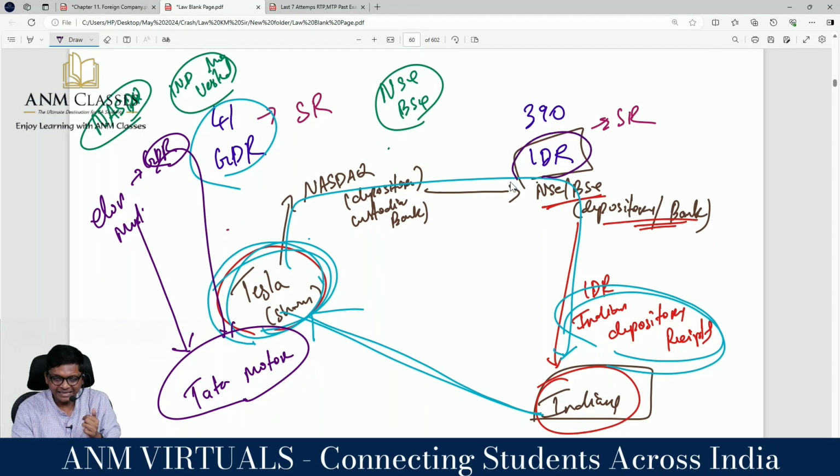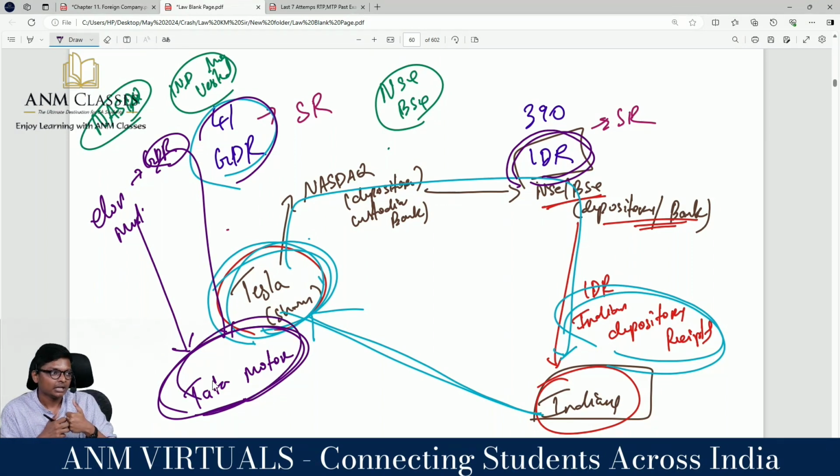That is why IDR is in the foreign company chapter, GDR is in the prospectus chapter. Where foreign companies raise money through issue of IDR, it should be in the foreign company chapter. Where Indian companies raise money abroad, it should be in our chapter, prospectus. Are you getting it, guys?